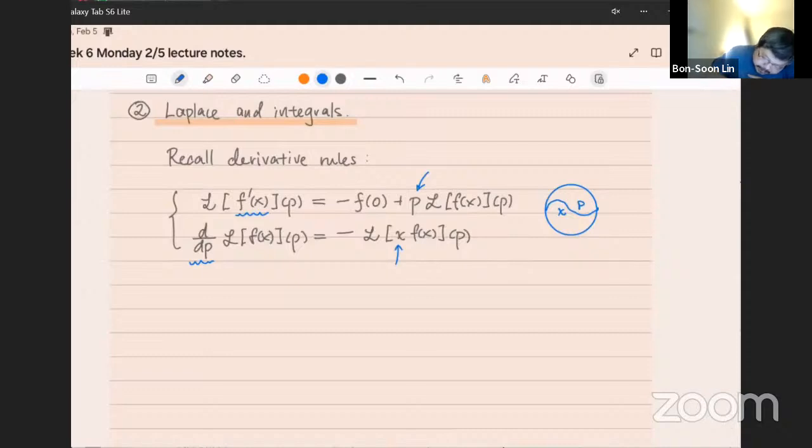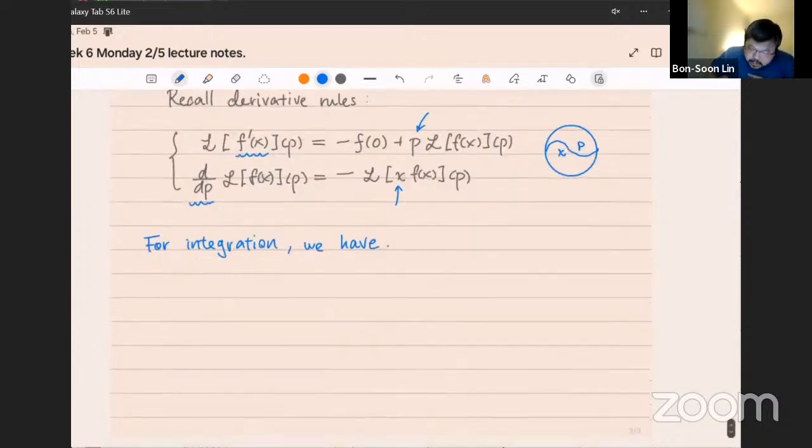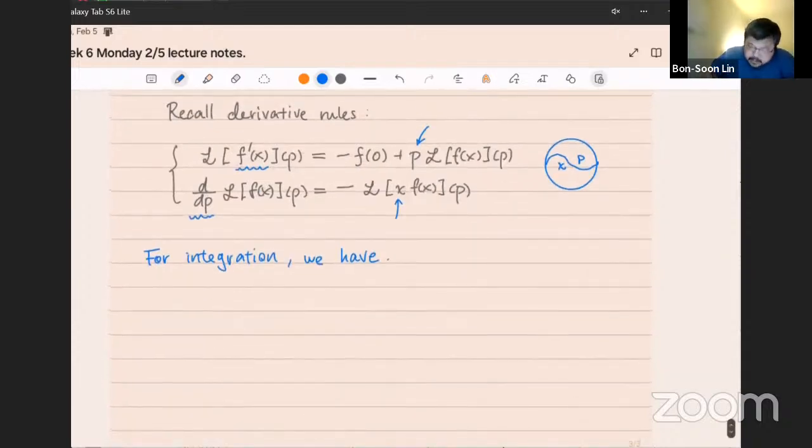So for integration, we have the following. And these are all integrals with bounds. These are not indefinite integrals, but let's write them down. So we also have inside integration and outside integration. So here's the inside one.